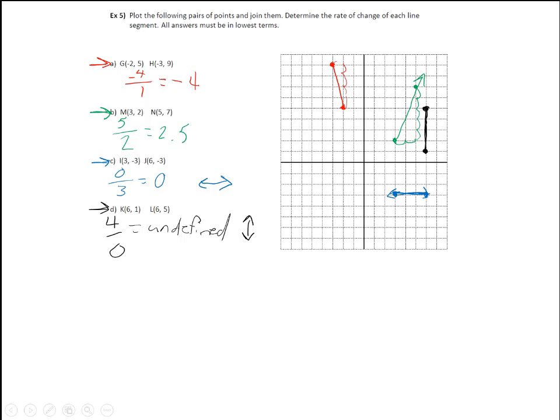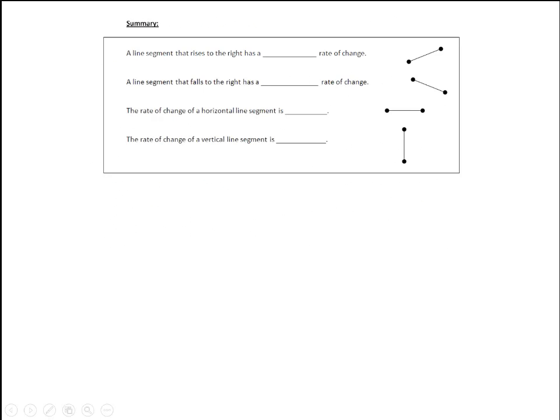Okay, let's go on to the next page. You can pause it and copy down what you need. A line segment that rises to the right has a positive rate of change, just like what's outlined over on the right there. A line segment that falls to the right, so as it goes from left to right, if it goes down, it is negative.